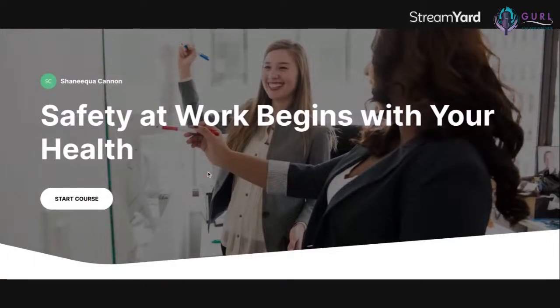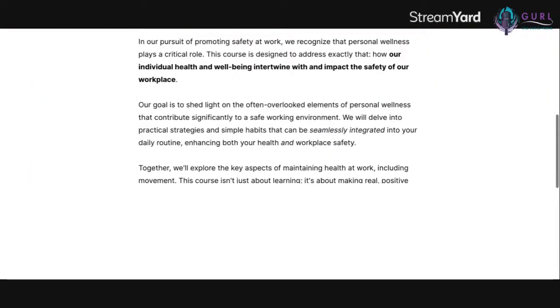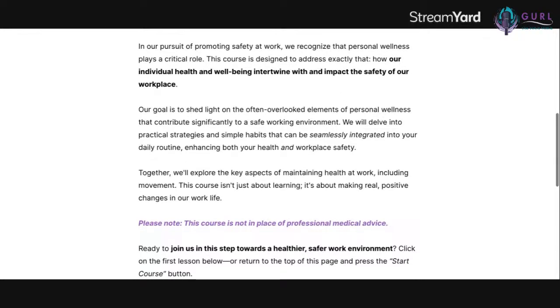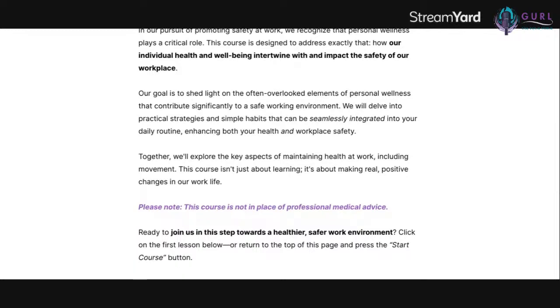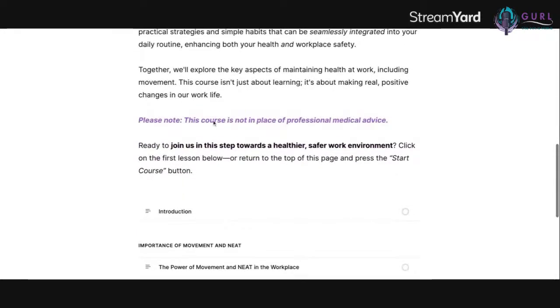So, safety at work begins with your health. Here you're going to see where it says start the course, but also if you continue down, it's going to tell you what you're expecting to learn in this course. It's talking about how our own individual health plays a critical role in office safety. A quick note here: nothing in this course constitutes medical advice.